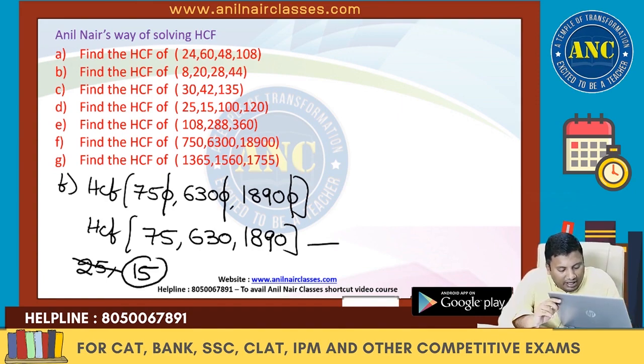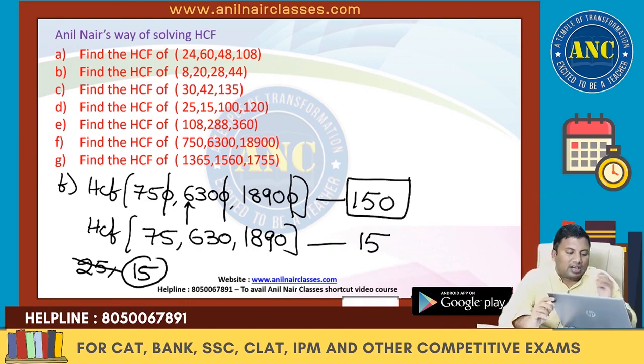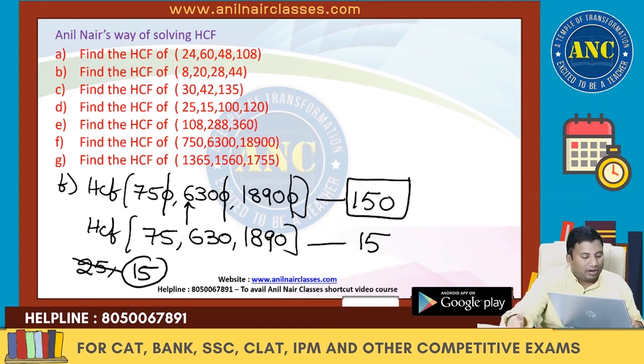So 15 is the answer for this, but I want the answer for 750. Another 0 is to be suffixed. The answer for this question is 150. I hope it is clear, right?